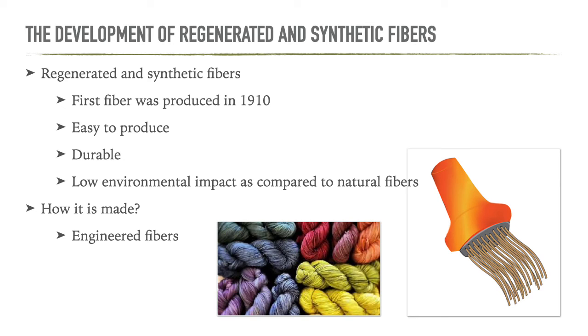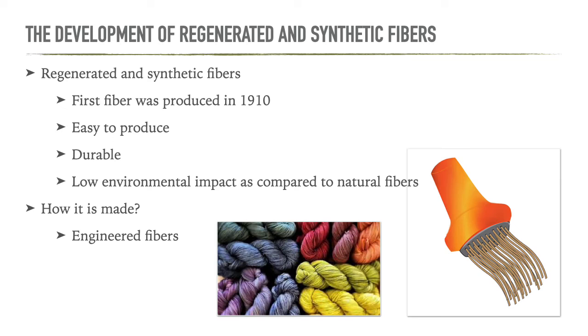Blends are used because of their durability, comfort, and ease of care. Regenerated and synthetic fibers are created from liquids. Fibers are produced by forcing liquid through a spinneret. The fibers are then cut into shorter lengths and spun into yarn or chemically processed into yarn directly.